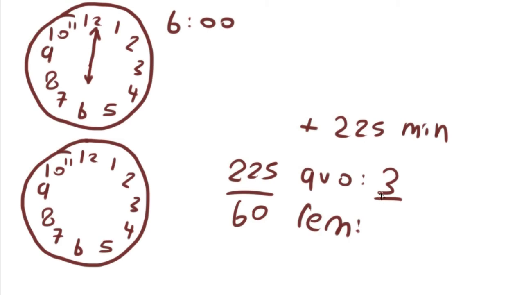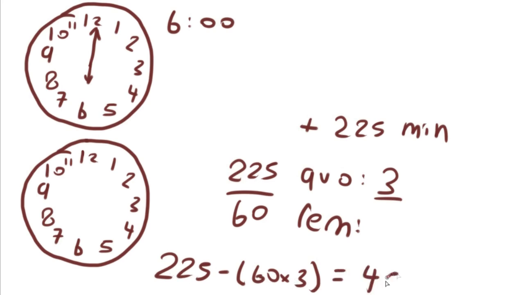Well, since the quotient is 3, we can do a little bit of math down here. 225 minus 60 times the quotient of 3, this is 180, 225 minus 180 is equal to 45, so our remainder is 45. So, quotient is 3, remainder is 45, the 6 plus 3 hours are the quotient, and then we add 45 minutes.